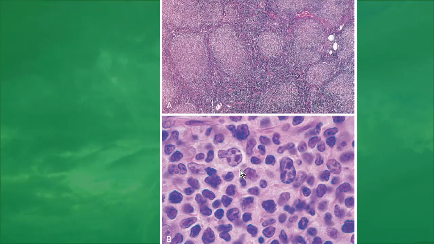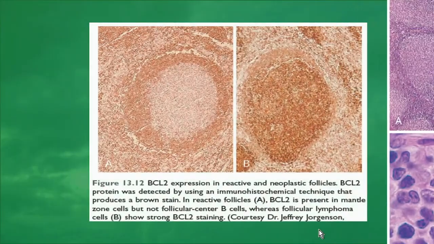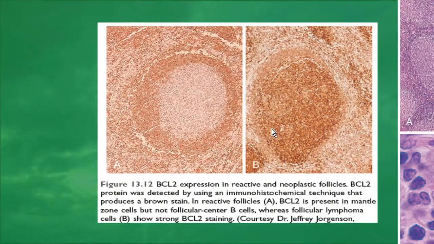Again, the number of centroblasts decides the aggressiveness of follicular lymphoma. More centroblasts, worse prognosis. This is the immunohistochemistry of lymph node. This is a reactive lymph node. You can see BCL2 is positive around the germinal center.